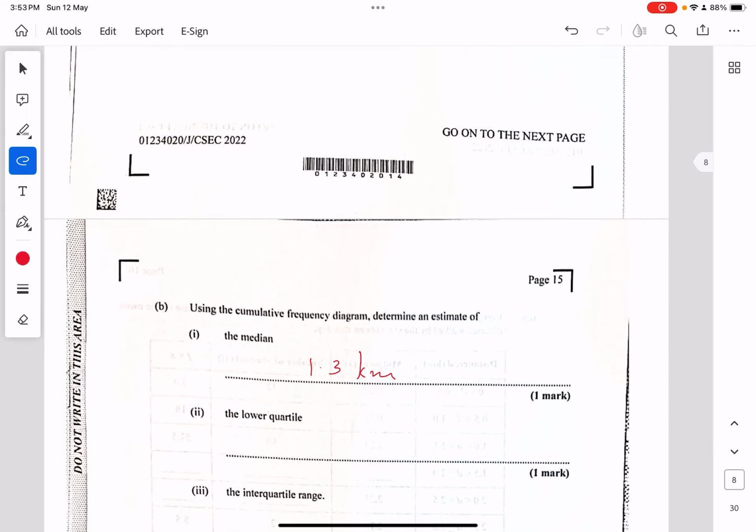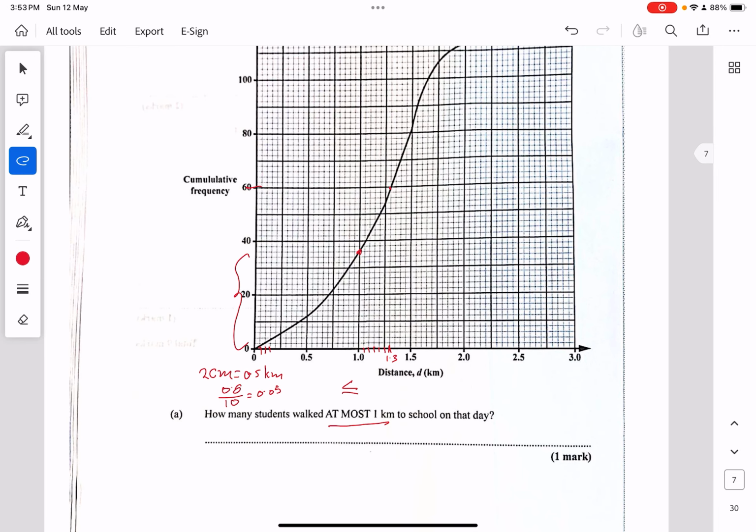For our lower quartile, it is basically half of the number of students that we got for our median. So instead of half like what we did for our median, we break up our curve into quarters.